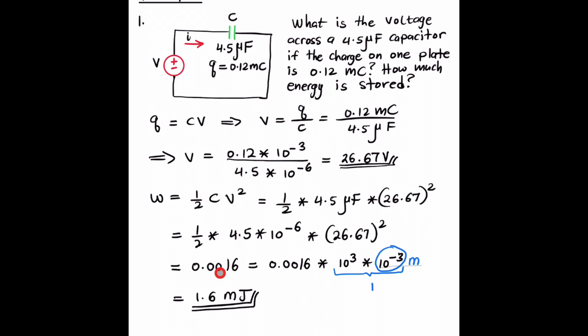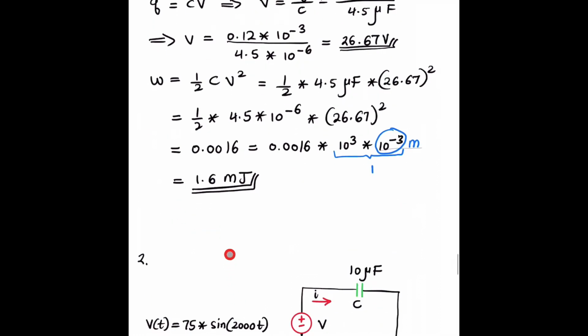This gives you that. And 10 to the power 3 times 10 to the power negative 3 is just 1. We can multiply this and that to get 1.6, and this is just milli. So this is 1.6 millijoules.